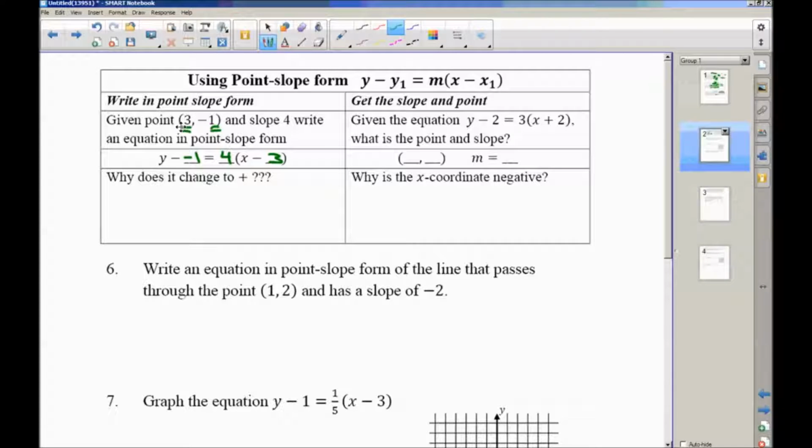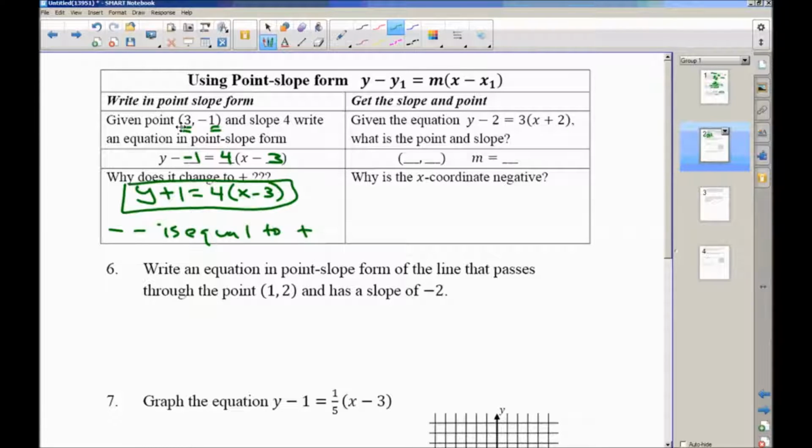All right, so now we're going to change this to y plus 1 equals 4 times (x minus 3). And why do we change it to a plus? Well, subtracting a negative is equal to adding. Okay, so we don't want to write 2 signs in there, so we just change it to 1. So our real answer here is y plus 1 equals 4 times (x minus 3).